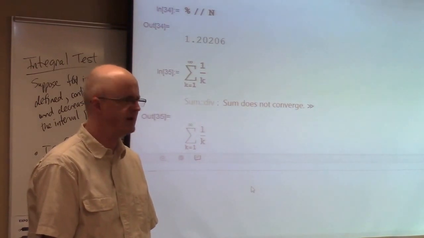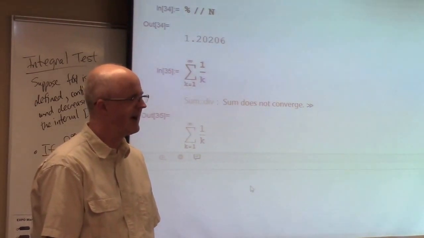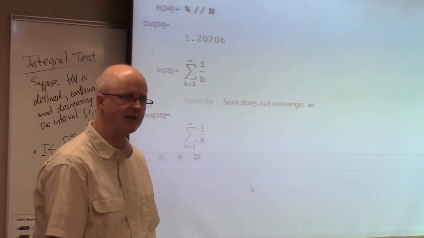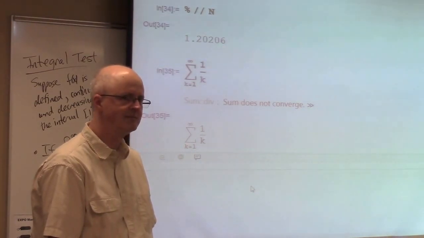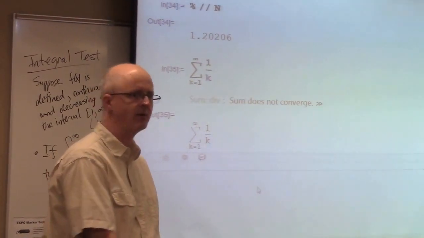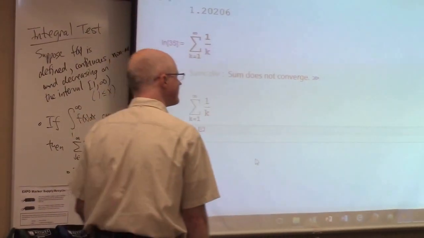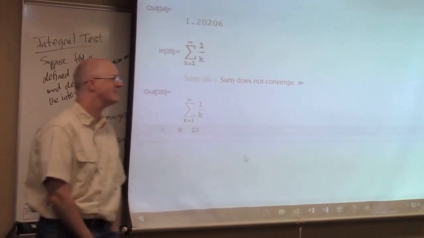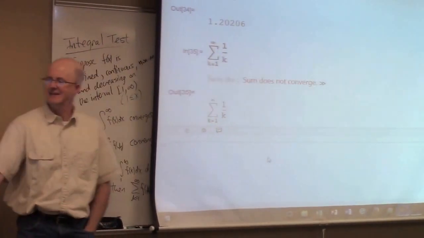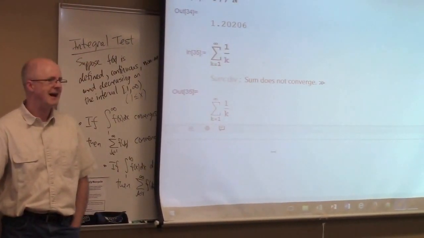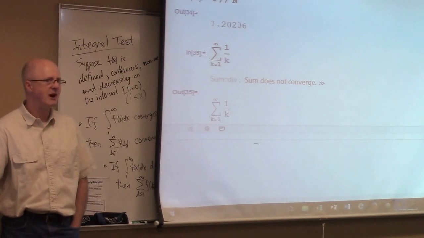Got a name. Is it related to music? I think it is related to music, though I'm not exactly sure how. Why is this series related to music when the others are not? Do you know how? It's related to the notes of waves, sound waves. Sound waves, okay. So it's related to music, related to sound. It does not converge. It's called the harmonic series.